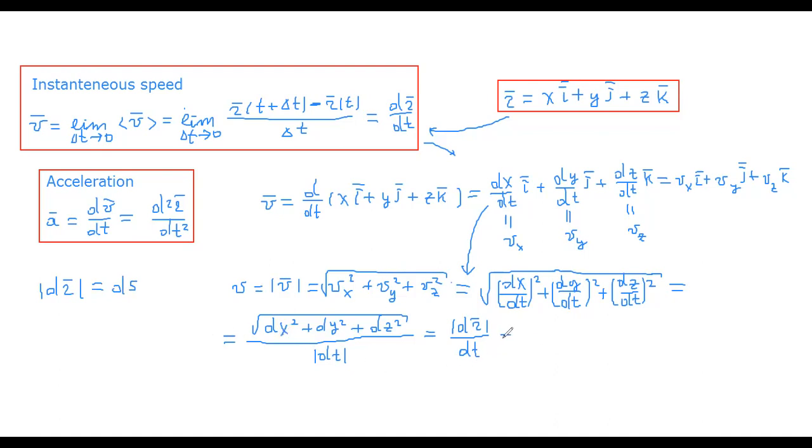So we can write this as ds by dt. So the absolute value of velocity is equal to the derivative of the path by time.